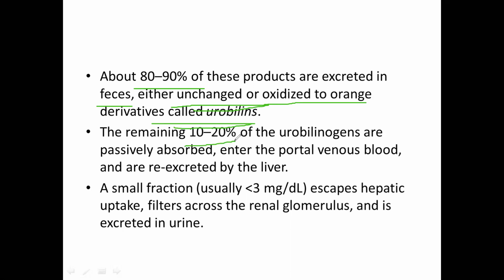The remaining 10% to 20% of urobilinogens are passively absorbed, enter the portal venous blood and are re-excreted by the liver. So nearly 80% to 90% is excreted unchanged, and the remaining 10 to 20% gets reabsorbed and re-excreted by the liver.